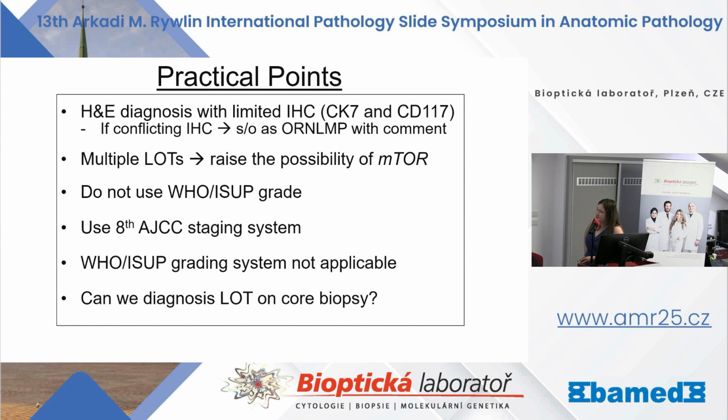It is a good question whether we can make the diagnosis of LOT on core biopsy. If you are not absolutely sure, we recommend to use the vague term oncocytic renal neoplasm of low malignant potential, with a comment that probably after the immunohistochemistry there is a high possibility that it can be only LOT. However, you are not absolutely sure.